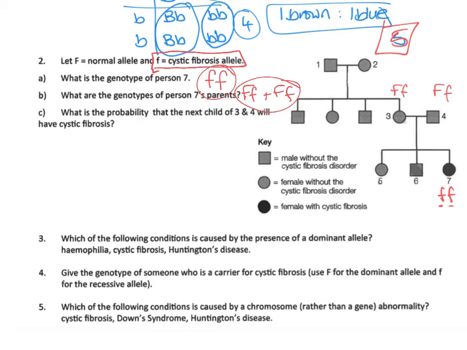What is the probability that the next child of 3 and 4 will have cystic fibrosis? Well, you need to do the cross. So we've said big F, little f, big F, little f. You're not getting any marks for that because you've answered that bit already from part B, but you'll get 2 marks if you show the offspring properly. Now you can see there, I haven't been too careful there, so you need to make sure that's careful.